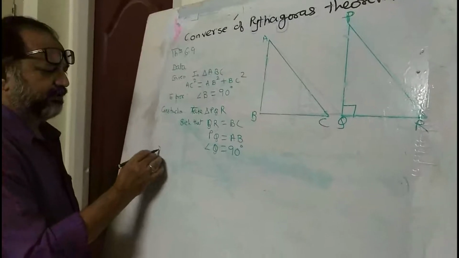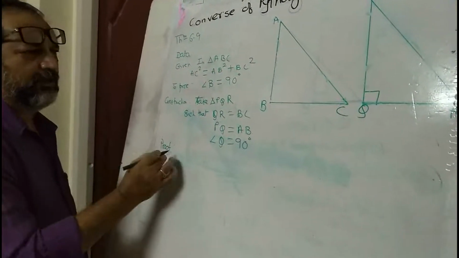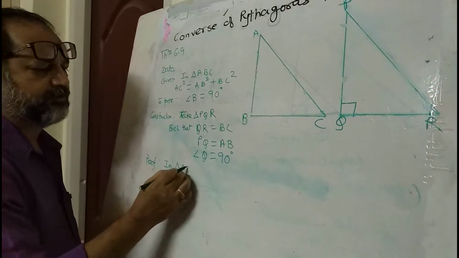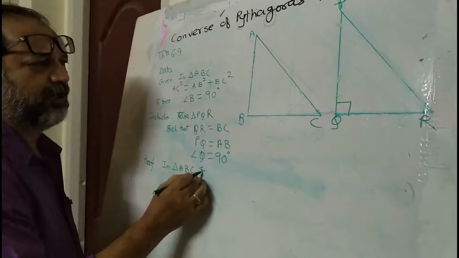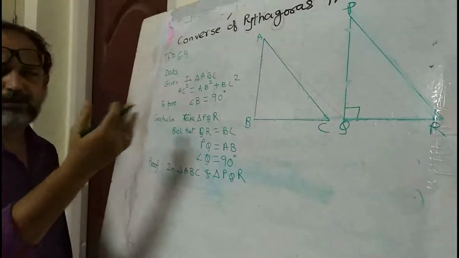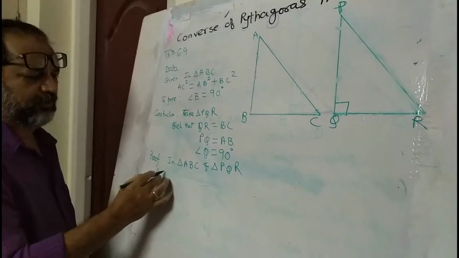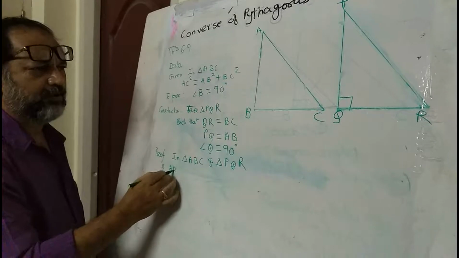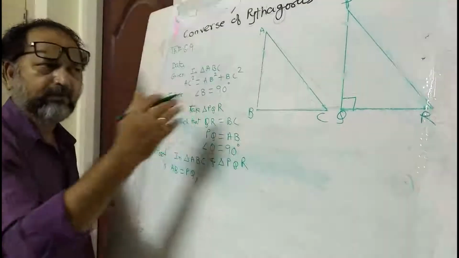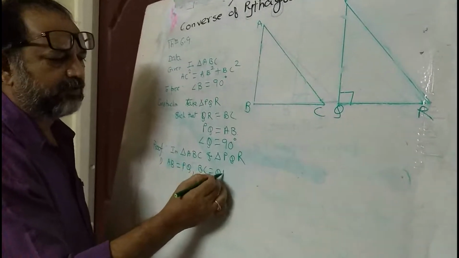So proof is like this. In triangle ABC and triangle PQR, in these two triangles, AB is equal to PQ, we'll write it in one statement itself, and BC is equal to QR.